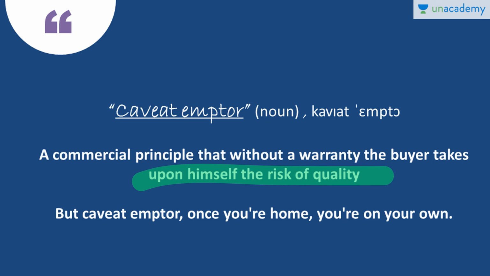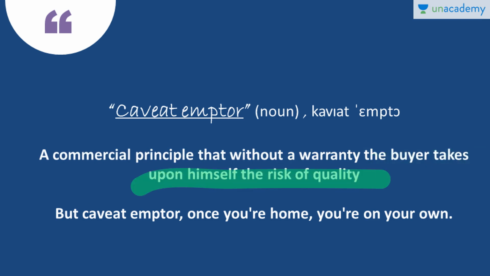But what if there is no warranty on the product? This is what caveat emptor means, a commercial principle that if you are taking any product without a warranty, then the buyer, that means you, the consumer, the customer, is going to take the risk of the quality.